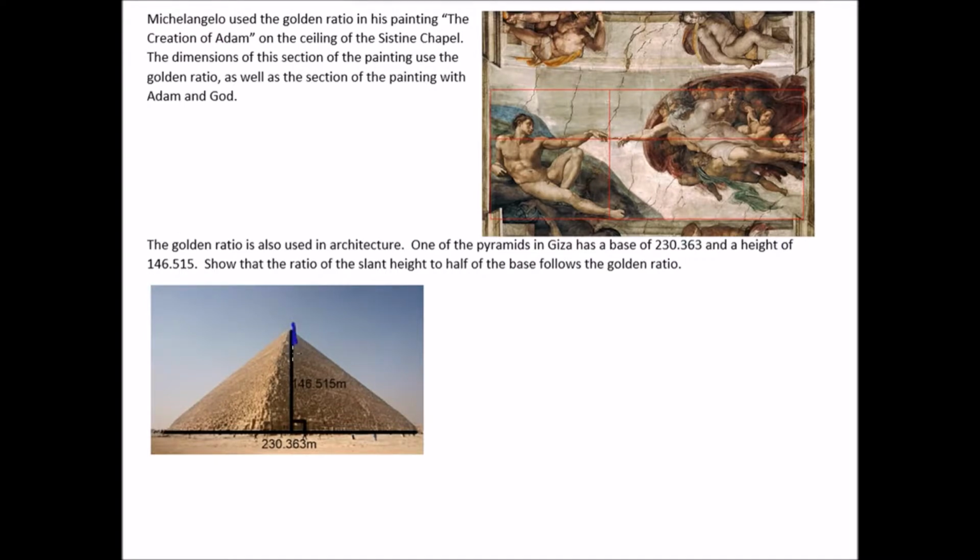So what we're going to do is we're actually going to just use one of these triangles, and we're going to find a slant. And we know from grade 9, a long time ago, that the slant height is this right here. So let's actually divide the base into two. So let's go 230.363, and we're going to divide that into 2.